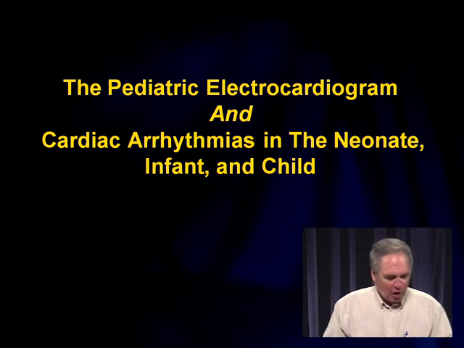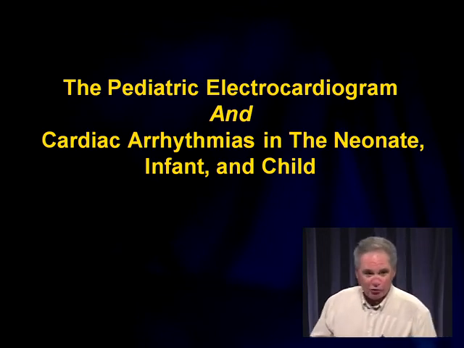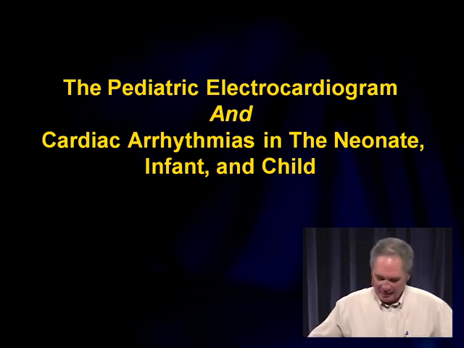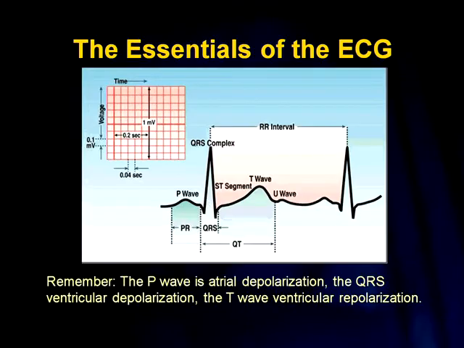We're going to start off by talking about the pediatric electrocardiogram, which strikes terror in everybody's hearts, and then cardiac arrhythmias in the pediatric patient, which you need to have some familiarity with. So let's begin.